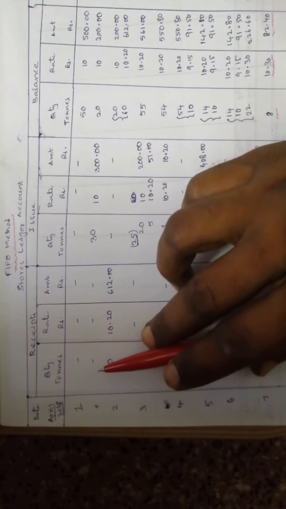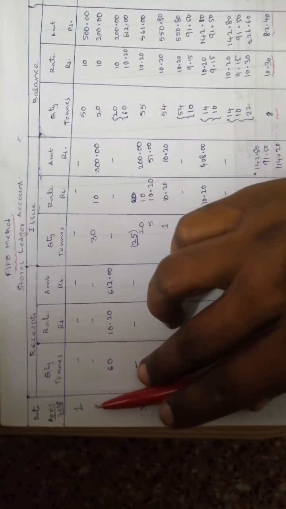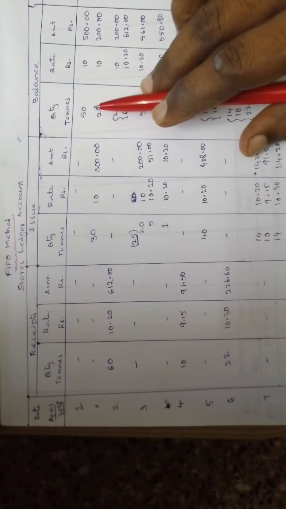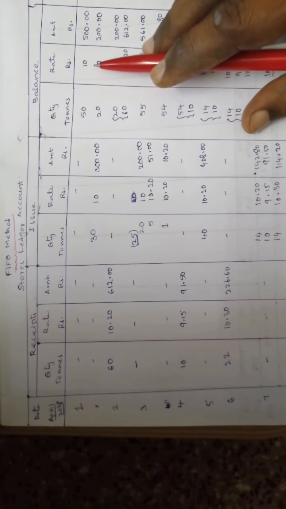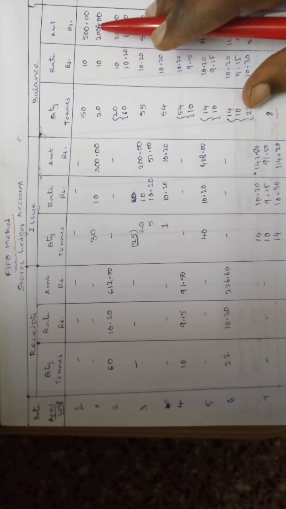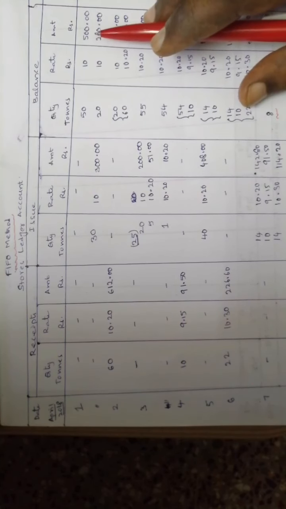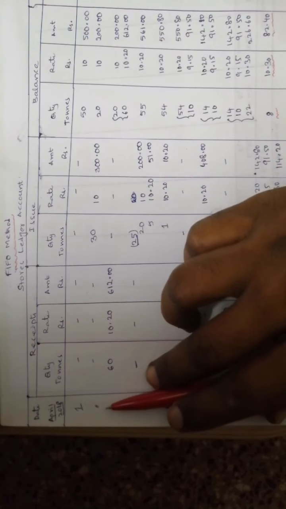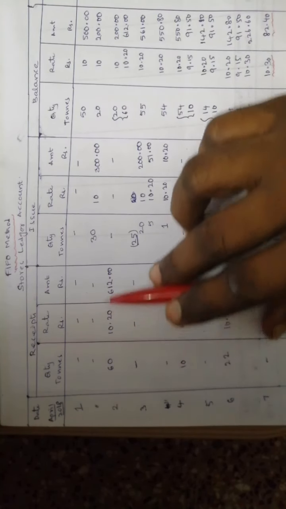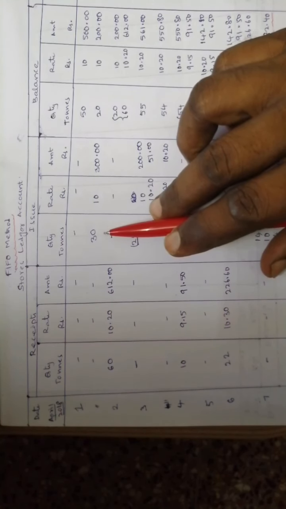Now let us see. On the first day of April, we have a balance of 50 tons at the rate of 10 rupees. Now the amount is 50 tons into 10 rupees, equal to 500 rupees. On the same day, April 1st, we have another transaction, a 30 ton issue of material.